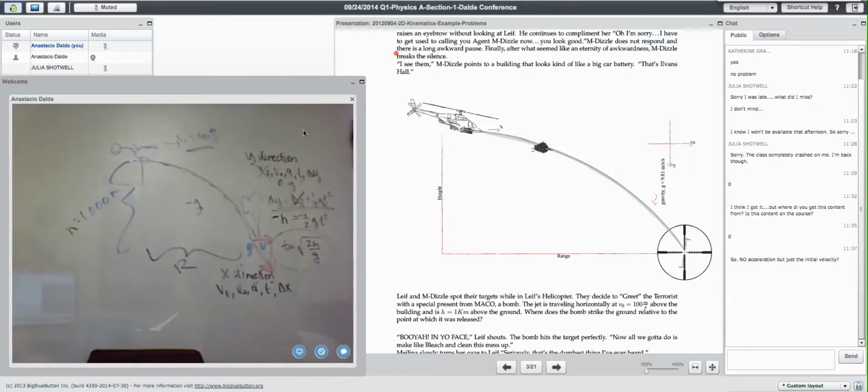The velocity when it hits the ground is way bigger than the velocity that it was released at in the air. But that's only because there's now velocity in the y direction. The x direction didn't change the velocity. Are we cool? Yeah.